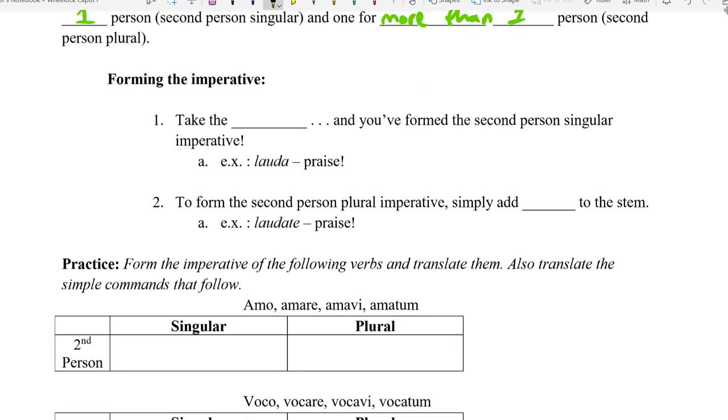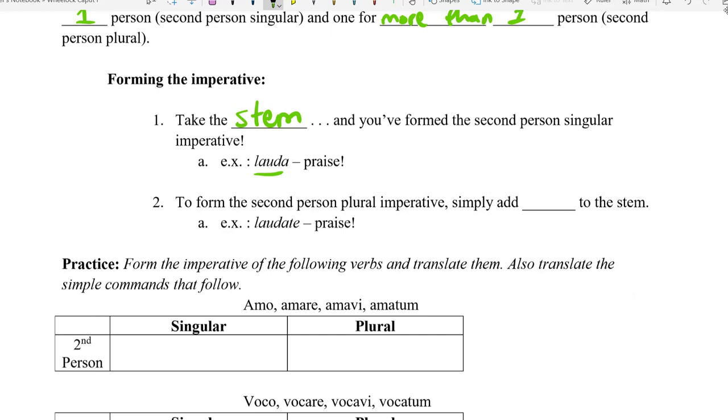So forming the imperative, super easy. The first thing you do is you take your stem, right? And remember that that's the infinitive minus the re, the stem. And that's all you do to form your second person singular. So an example there from laudo, laudare, if we added that re back in, you get your infinitive.